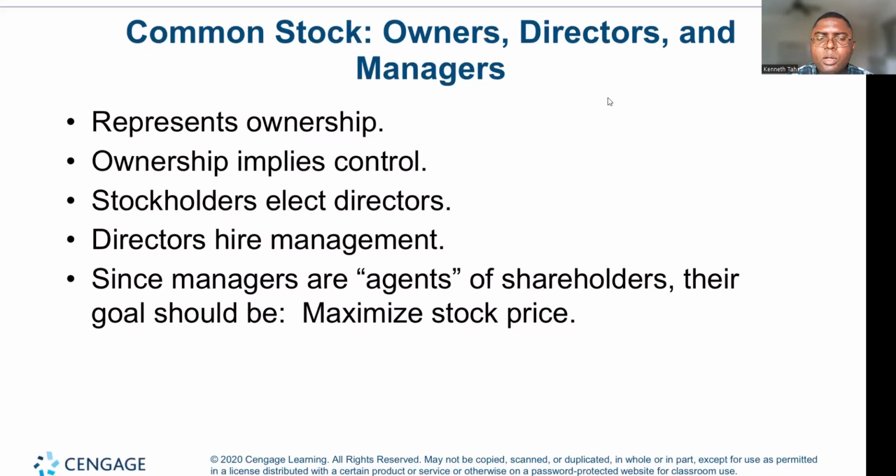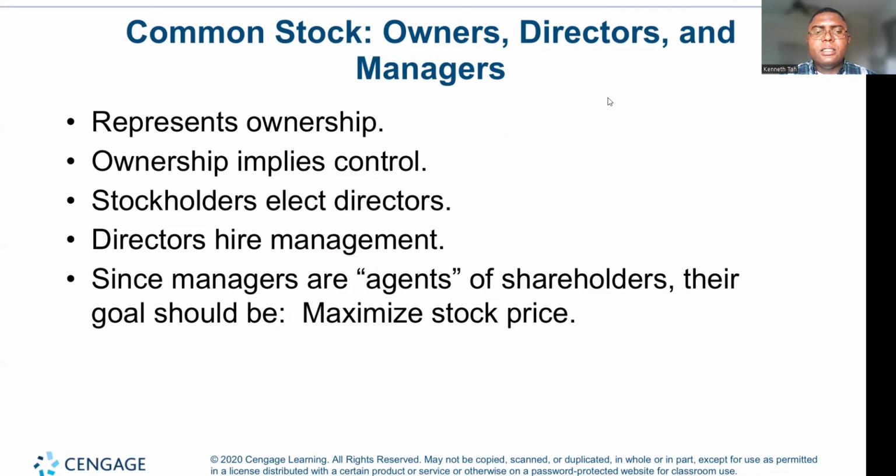You are a stockholder, and for many companies, there are many stockholders. So they tend to elect directors that can act on their behalf in hiring a manager that can act as an agent of shareholders. The manager comes in with the goal to maximize stock prices. So once you hold common stock, which represents ownership, ownership means control.